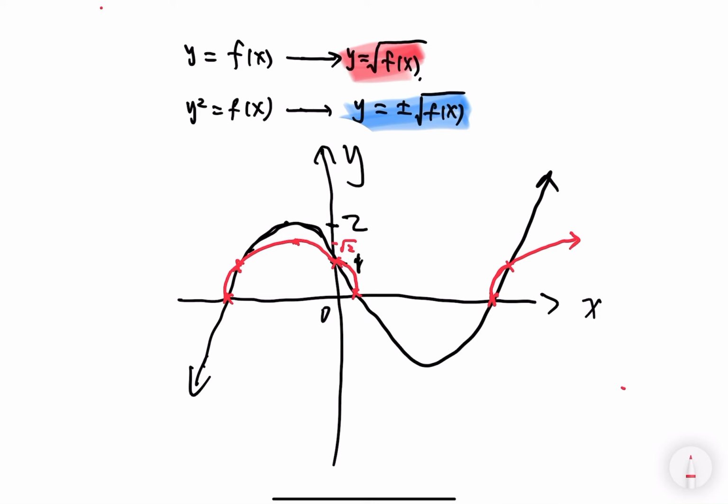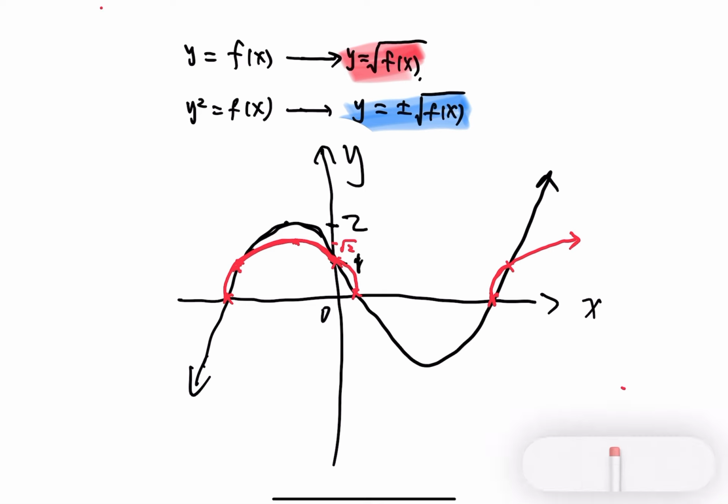That's it. Pretty simple. All the negative parts we don't need to worry about because they've been removed. We cannot square root negative numbers. Lots of things to be removed already. And then I just make it smooth. And then the second one, if you want y squared equal to f(x), what you need to do is sketch both the positive square root of f(x) and the negative square root of f(x). So they're just reflecting the red on the x-axis.